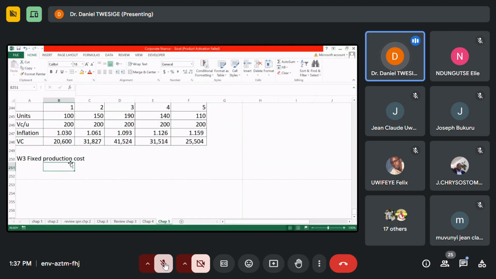I have year 1, year 2, year 3, year 4, and year 5. My fixed cost is given as 5,000.